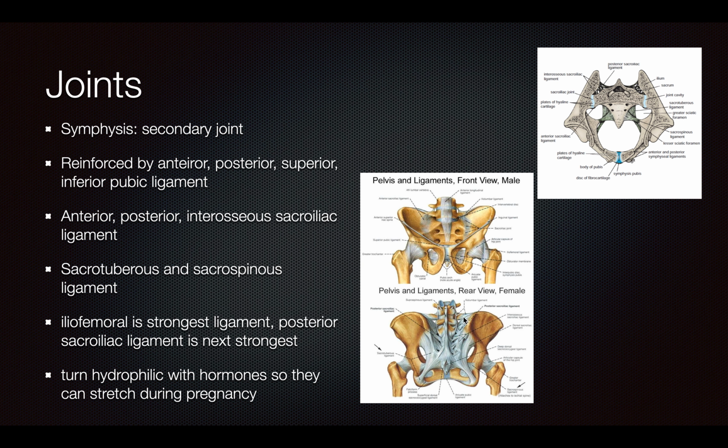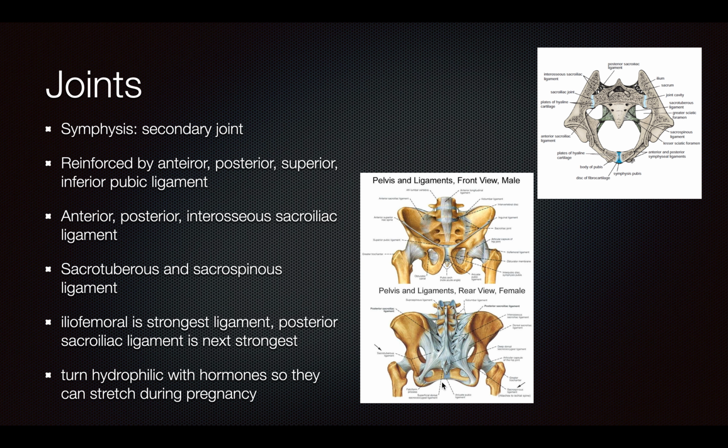These are the iliolumbar, connecting the ilium to the lumbar vertebra. This is the interosseous sacroiliac ligament. Here's the dorsal sacroiliac ligament, and then there are the deep dorsal ligaments, and here's the arcuate pubic ligament.